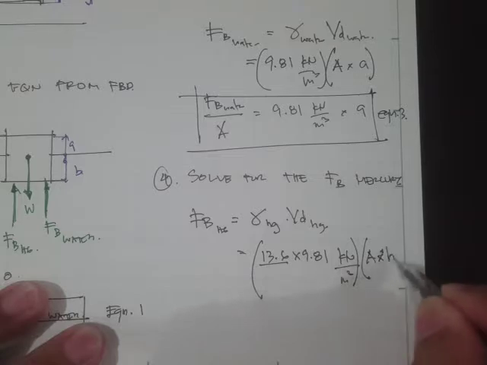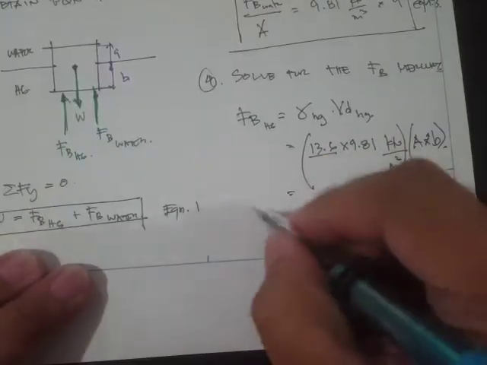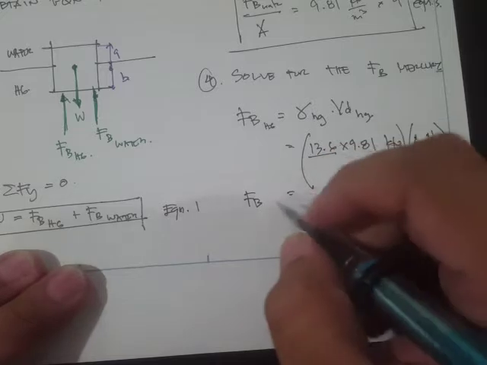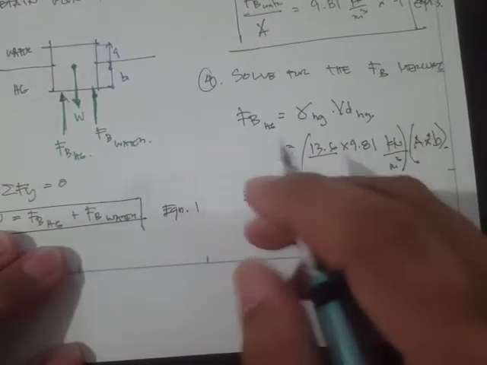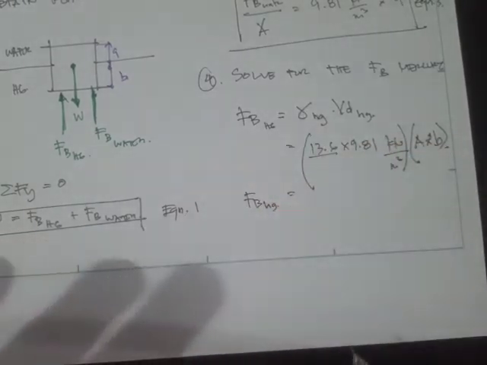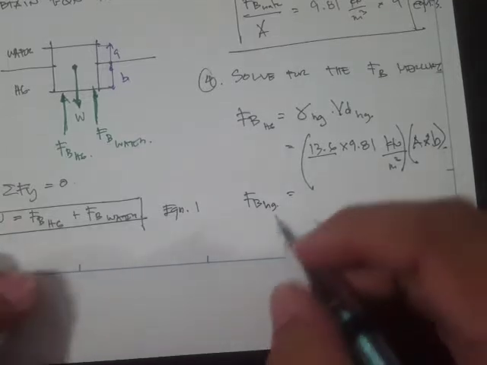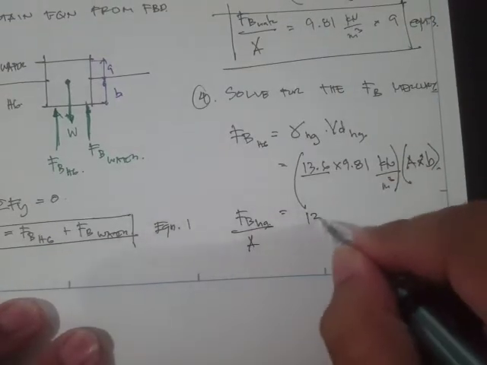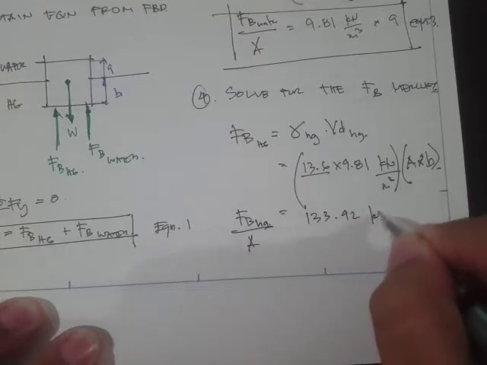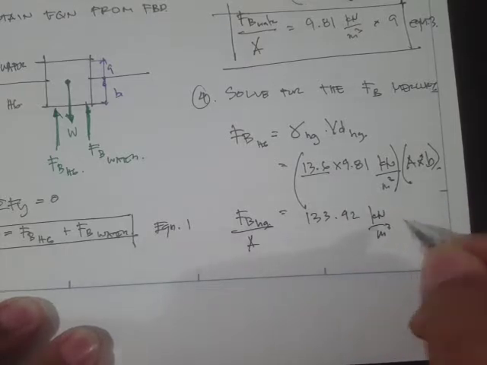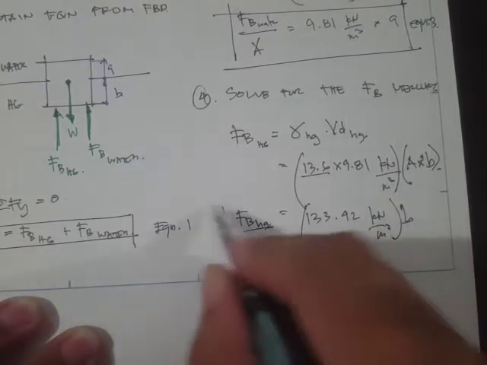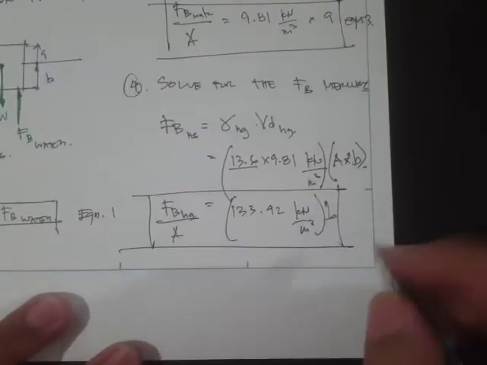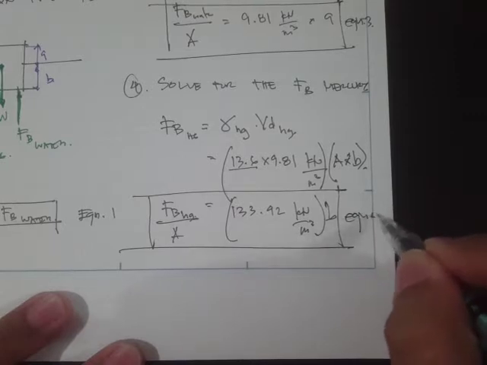A times B. And therefore, we can also express the buoyant force provided by the mercury per unit area, and that's equal to 133.42 kilonewton per meter cube times B. Okay, and that's our equation number 4.